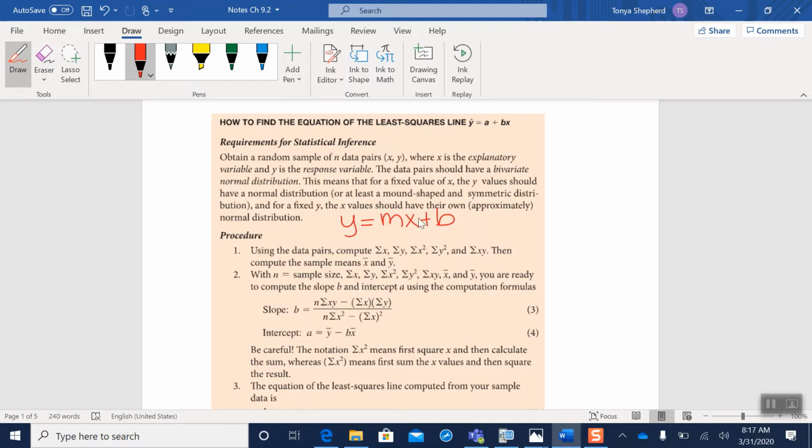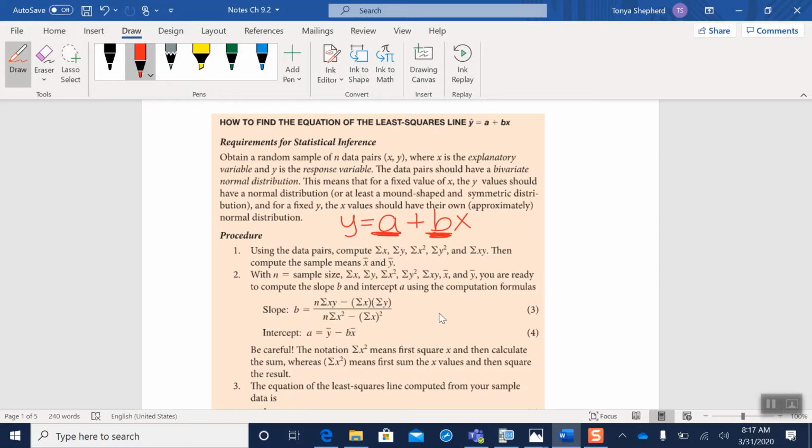Don't ask me why, I don't know. But instead, the equation that we end up using is y equals a plus bx. Still an equation of a line. A still has to be filled in, b still has to be filled in, and x and y will remain your letters.